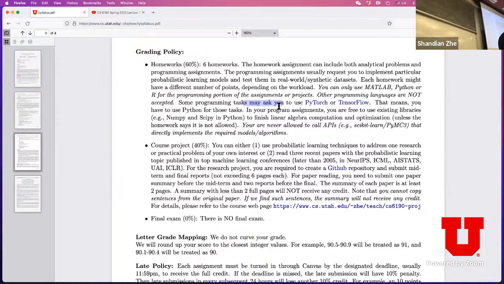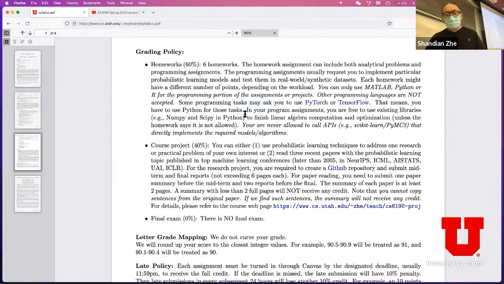So that's why we request you to leverage automatic differentiation libraries like PyTorch or TensorFlow. Of course, if you want to use other automatic differentiation libraries like JAX or, what else, I forgot, the library name came to my mind and I just forgot it. But anyway, there are other automatic differentiation libraries. If you want to use them, go ahead. We just don't want you to implement the backpropagation steps by yourself.